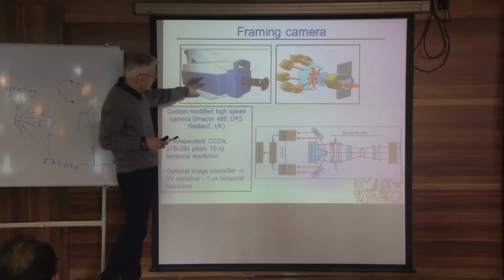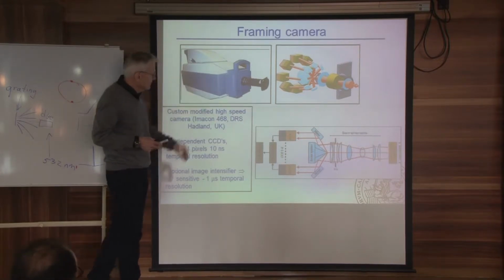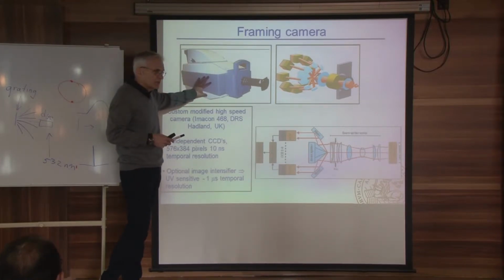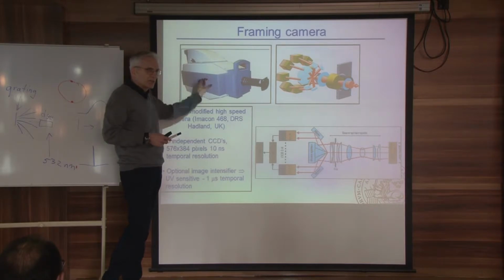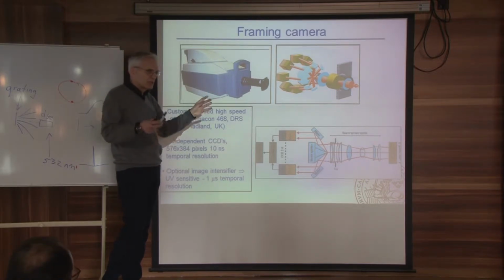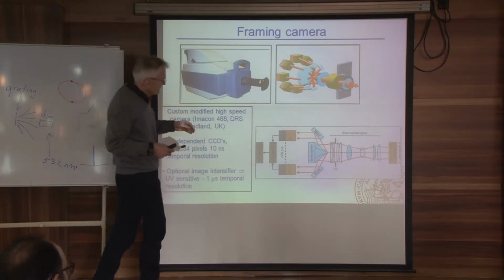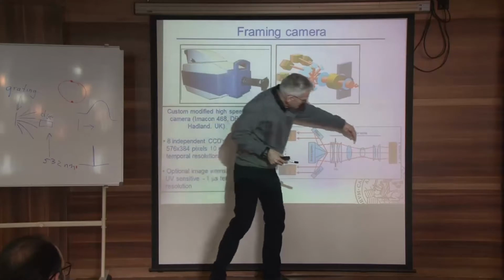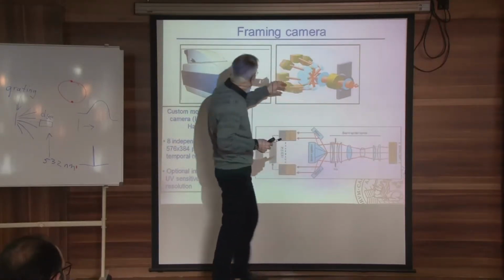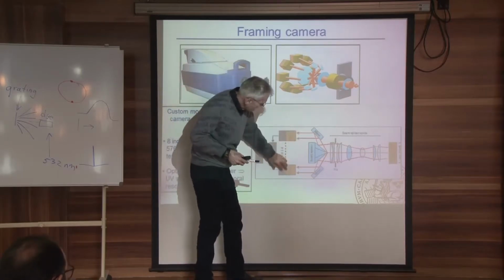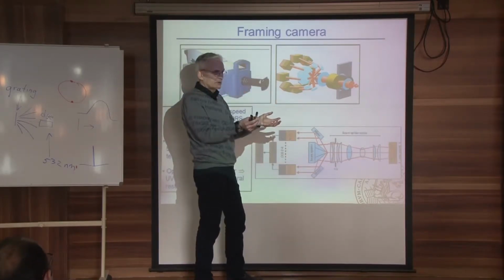So we have been able to buy such systems, and this device was limited to 8 images. It could take 8 images very short in time, essentially down to a nanosecond difference. The light comes in through this lens system, and then it's divided into 8 individual gateable CCD detectors.